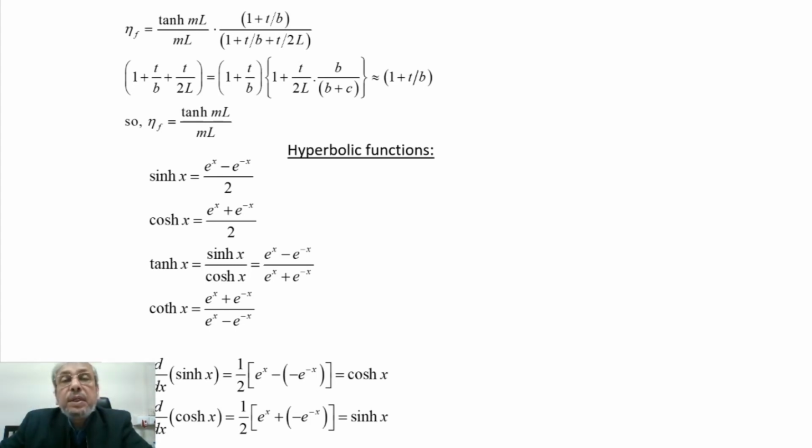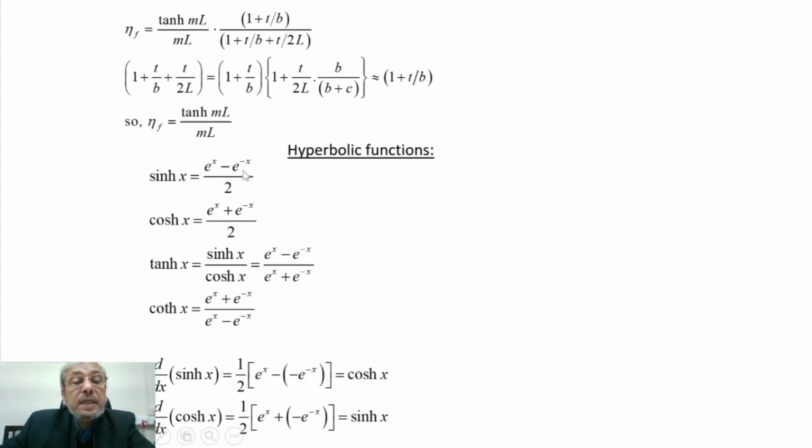Now in the analysis of fin with constant cross section, we can have a few other examples also. Maybe in a practice problem you will get such a problem, but here we have to always remember hyperbolic functions. Sine hyperbolic x is e to the power x minus e to the power minus x by 2. Cos hyperbolic x is e to the power x plus e to the power minus x by 2.